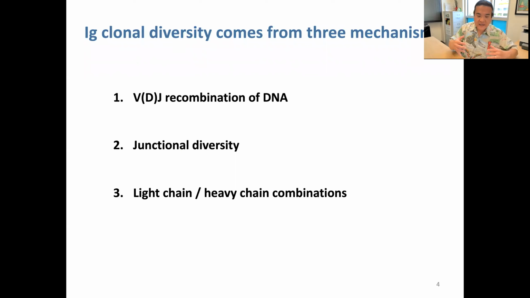So we said that every day you are making hundreds upon hundreds of millions of different B cells, each one of which comes up with a unique immunoglobulin shape. How does that happen? Because after all, these immunoglobulins are proteins, and hopefully you all know the proteins came from mRNAs that were translated into a chain of amino acids. That's your final protein. Let's work backwards here.